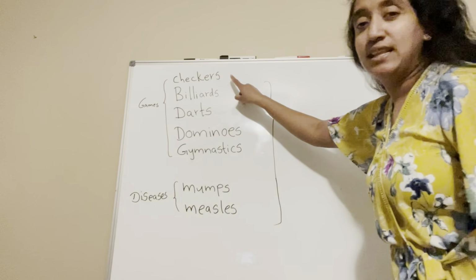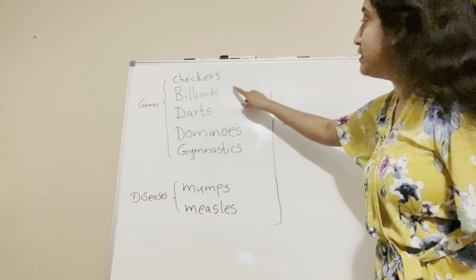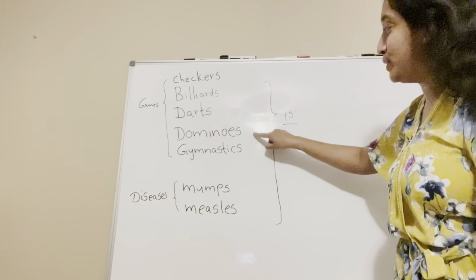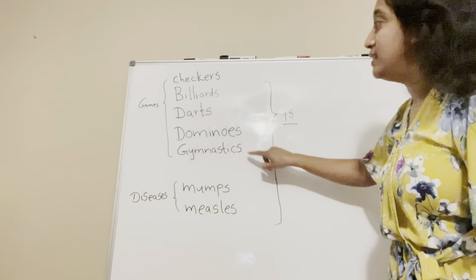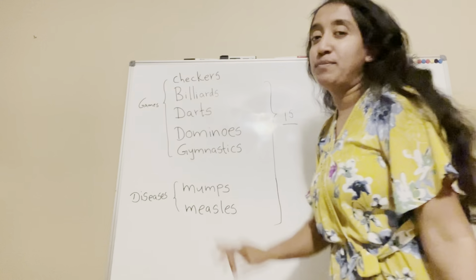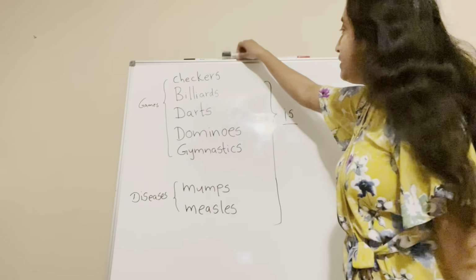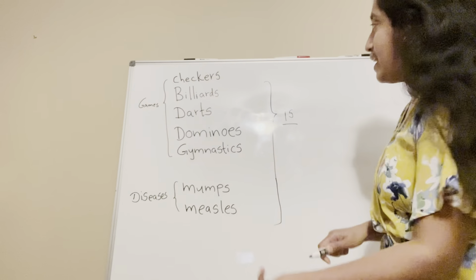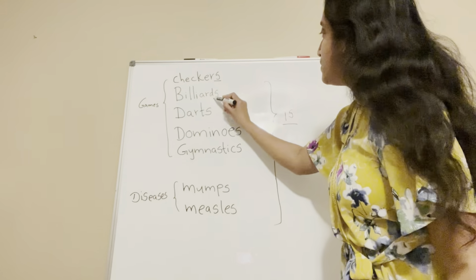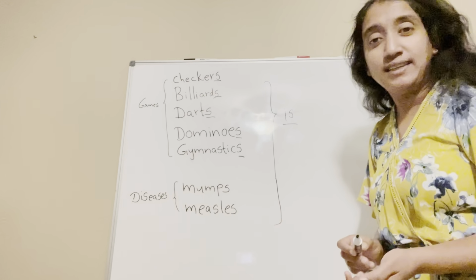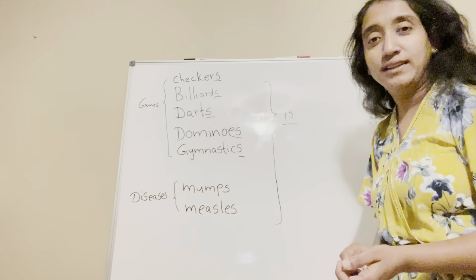So the words like checkers, billiards, darts, dominoes, gymnastics, they all are names of some games. These words end with S. So most of the children will think that they are plural.